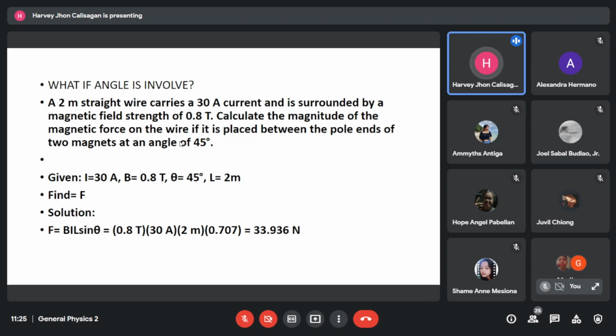So 33.94 Newton is used just to create the current of 30 ampere, with respect to the presence of the magnetic field strength of the material. Okay, so you now have the connection on the involvement of the angle in calculating for the magnetic force, before I proceed to the next example.